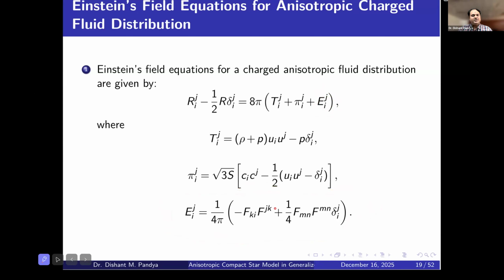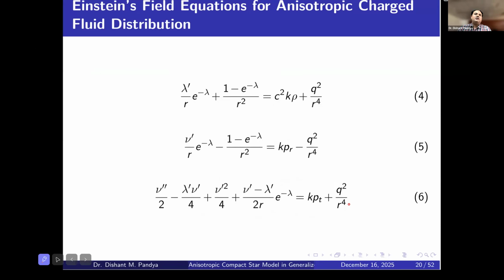So the matter distribution which is isotropic can be easily studied, the matter distribution which is anisotropic also can be easily studied, and the matter distribution which has some charge can also be studied, because we now have well-defined equations. And those are coming out from, obviously, the Einstein-Maxwell field equations.